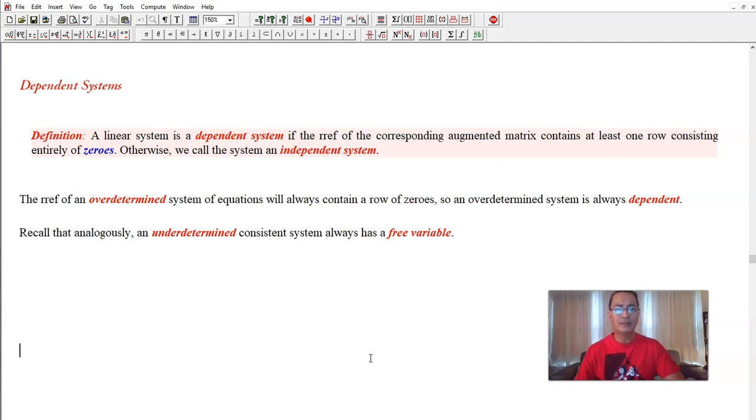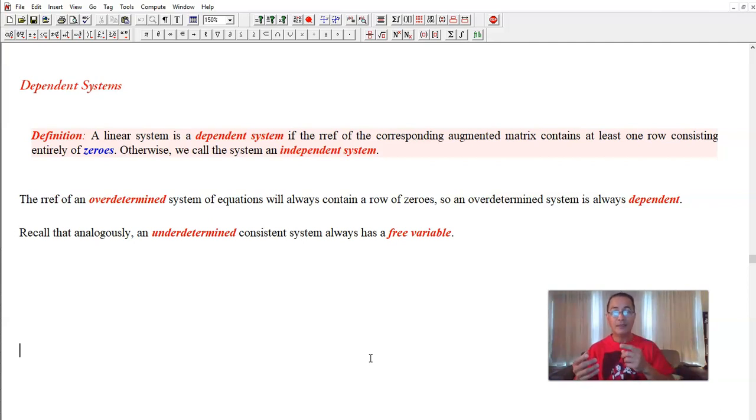So let me point out that if you have an overdetermined system, then you will run out of leading ones. For example, if you had 5 equations but only 3 variables, then the maximum number of leading variables that you're going to get is 3. Maybe all the variables are leading variables.